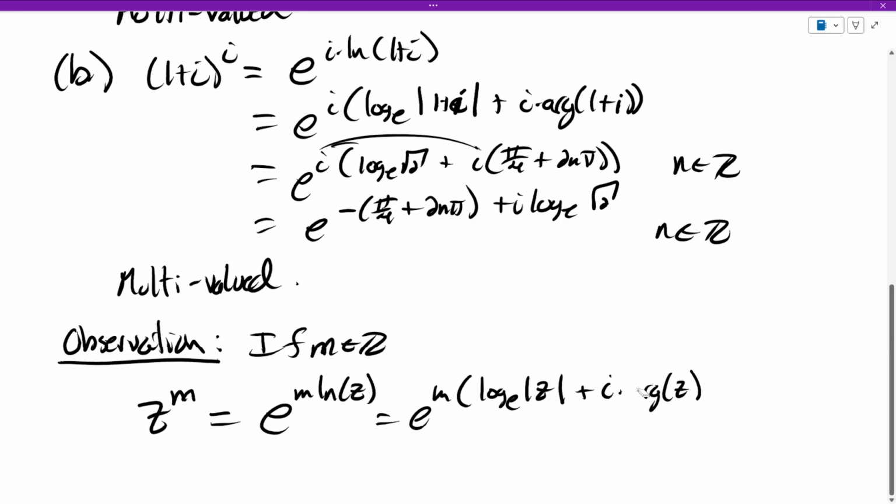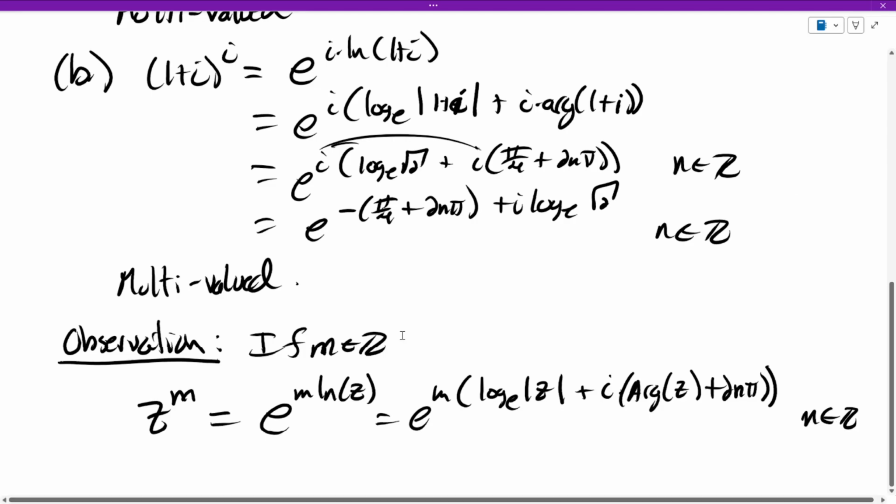And the argument of z is the principal argument plus any multiple of 2 pi. This is for n in the integers. That's why I use the m.